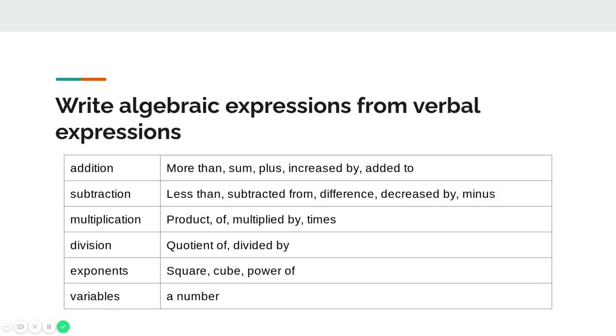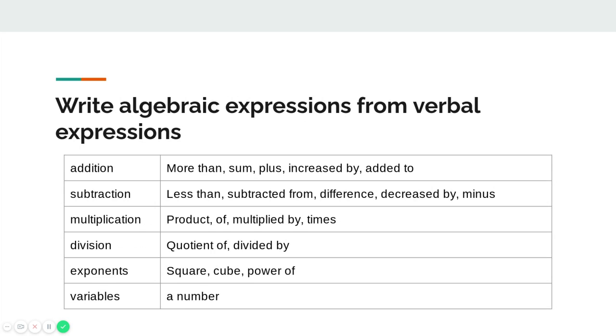So getting into writing algebraic expressions, we need to be able to look at the sentence that's given and find particular words that would tell you what operation to use or what type of variable we're going to use. So if we're going to find something for addition, you will see terms such as more than, sum, plus, increased by, added to.